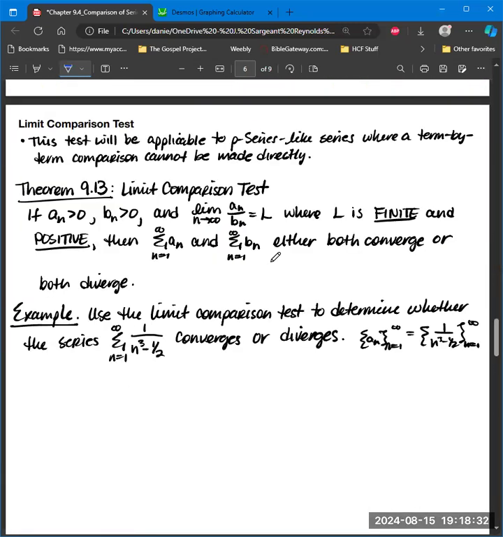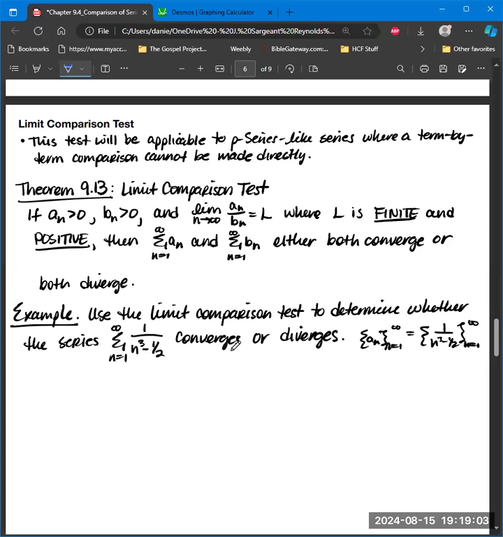Perfect. All right, so let's go ahead here and start talking about the limit comparison test, which many times is actually easier to use than the direct comparison test. When you get told to just use a comparison test and don't get told that you have to use the direct comparison test, many times you're going to choose the limit comparison test because of how much easier it makes your life to not have to particularly pick one that's above or below.